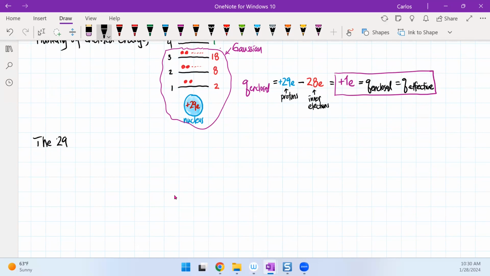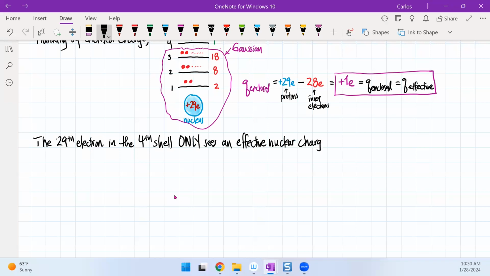The 29th electron in the 4th shell only sees an effective nuclear charge of 1 proton charge.